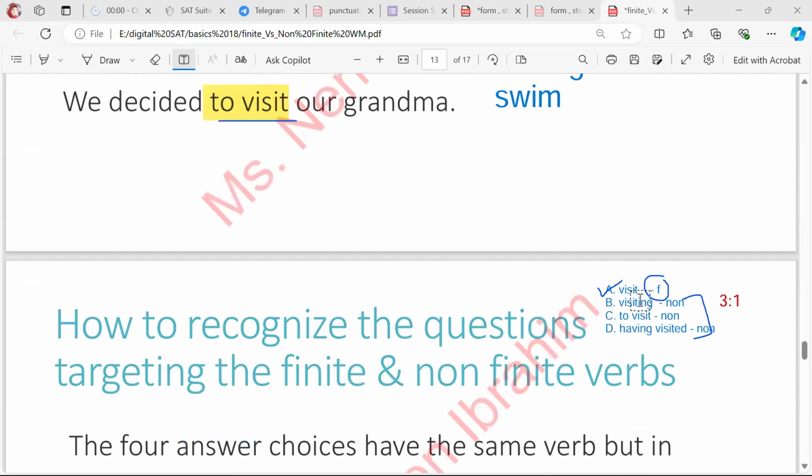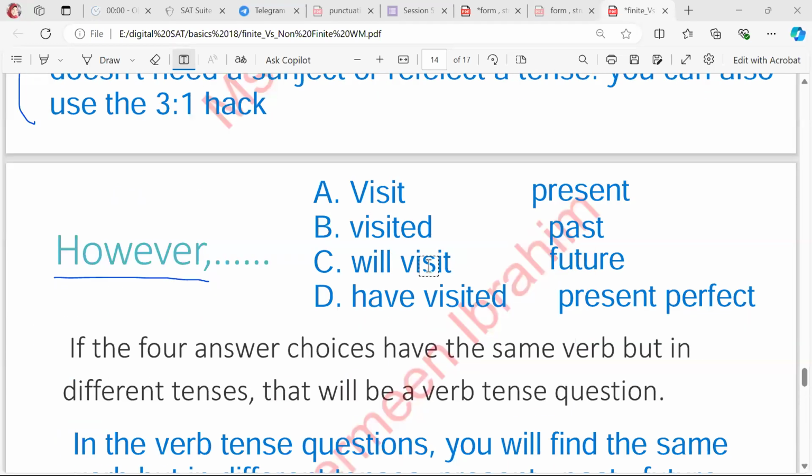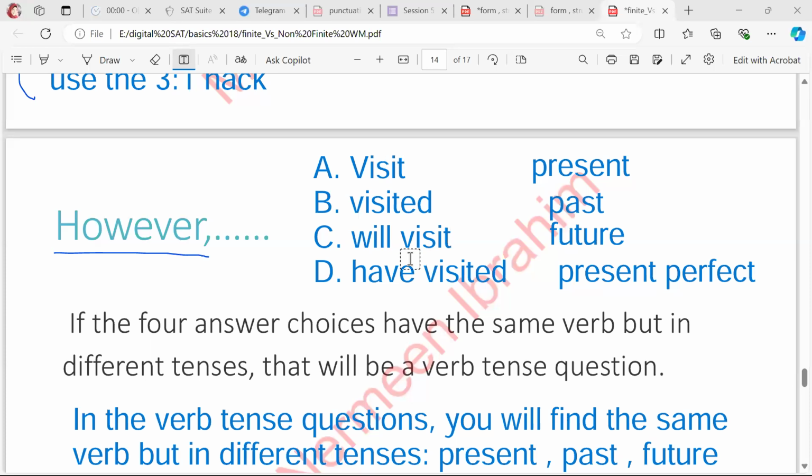When we were dealing with finite and non-finite, we found visit, visiting, to visit, having visited. So here, I'm telling you that this type is going to be verb tense. Why am I saying that? Why is it not finite and non-finite? Teacher, can you repeat the question? Repeat.